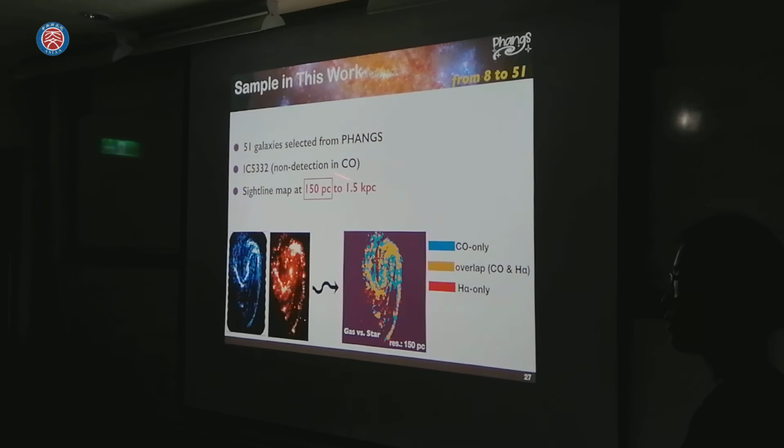So for this galaxy, it would have 0% of CO only and overlap regions and 100% of H-alpha only regions. And we make this kind of sightline map at 150 parsec resolution to 1.5 kiloparsec resolution.